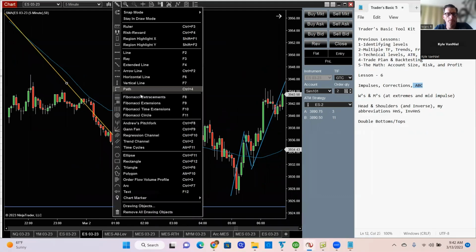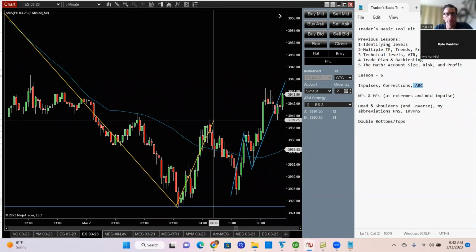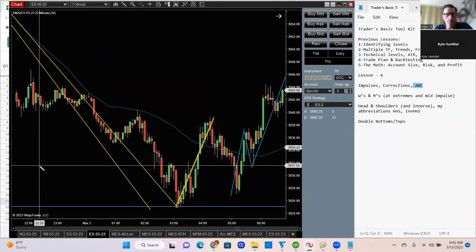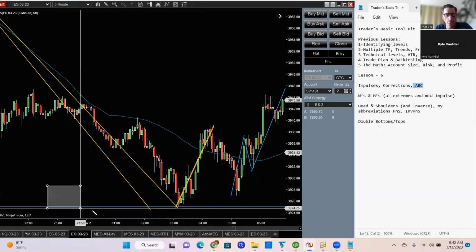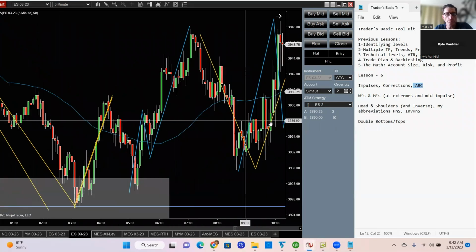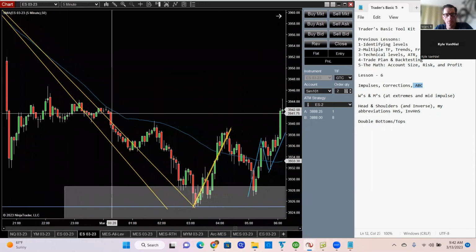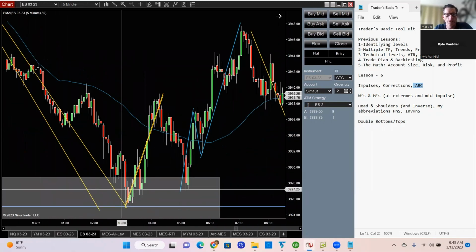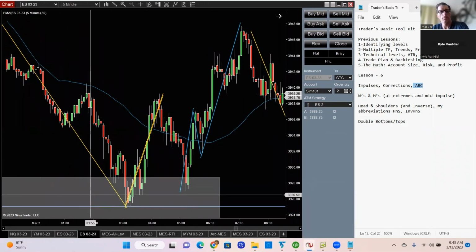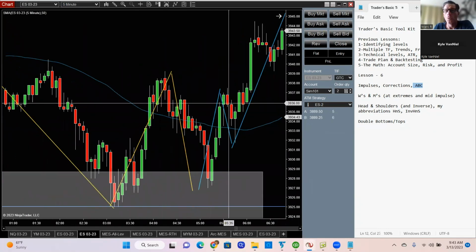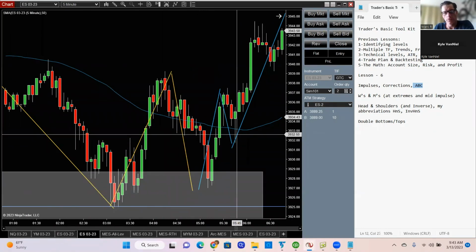Price popped up, so there's your impulse, and this is a retracement. We refer to this as a retracement because there's a level down here. That was a daily level down there. Price ripped into here, came up, comes back down and retraces that level. We get an impulse up here, correction, and an impulse.